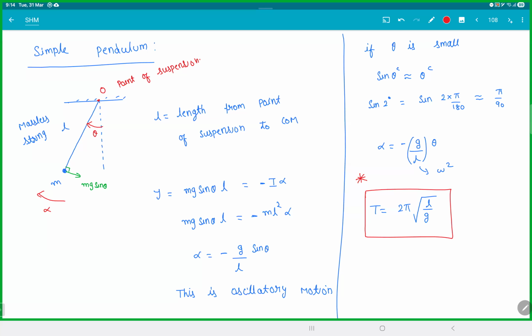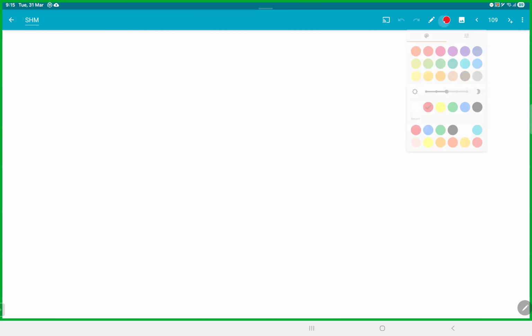But there is a better formula than this. So what if the pendulum is really long? This is a standard question. An infinite pendulum. It's been asked also before in mains and BITS and stuff, but let's see what it is.